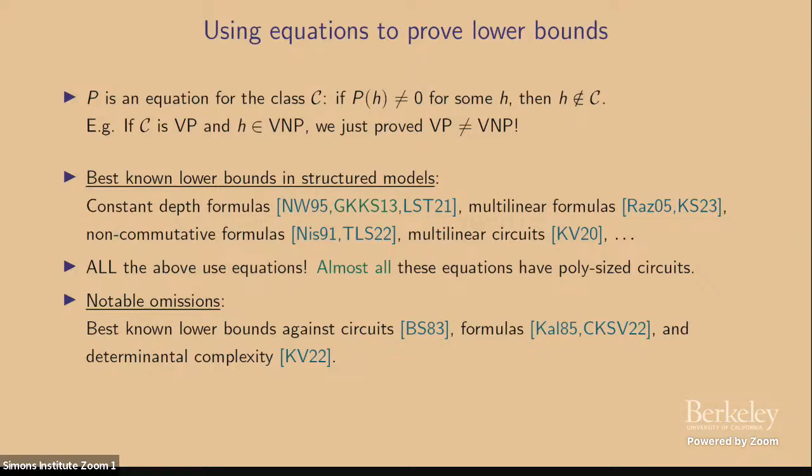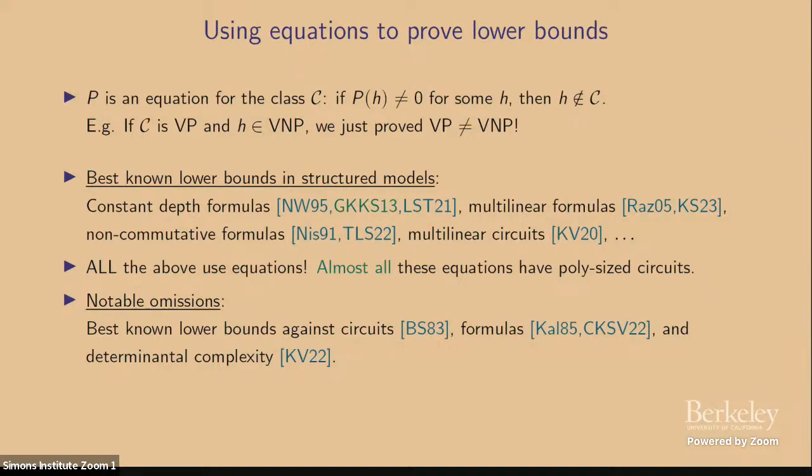This is Baur-Strassen. It uses a dimension of a variety, which is not a continuous measure. There is no polynomial that traps it. Similarly, you use some dimension of a variety or some algebraic kind of thing. And what is KV? That is Kumar and Volk.